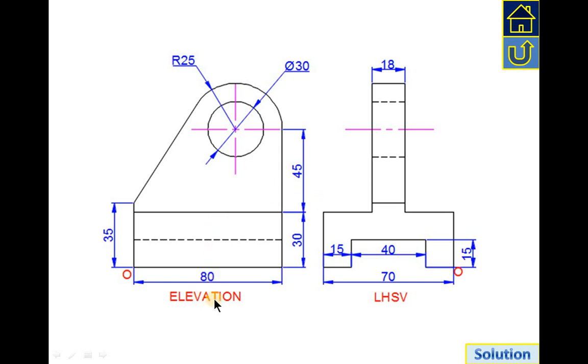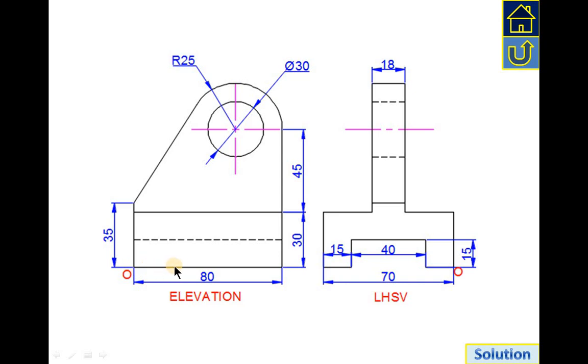So if you see the elevation, that means the front view, you will see here a 30 mm diameter circle, and here a 25 mm radius half curvature, which is connected with a tangent line here, and then 35 mm down.